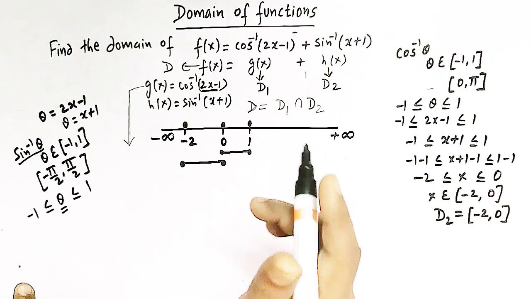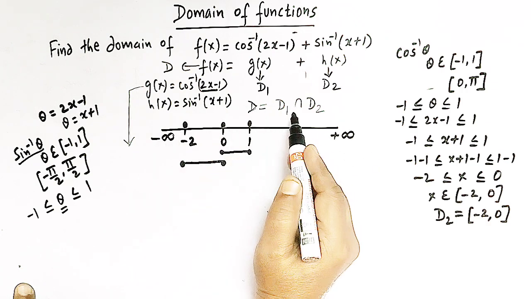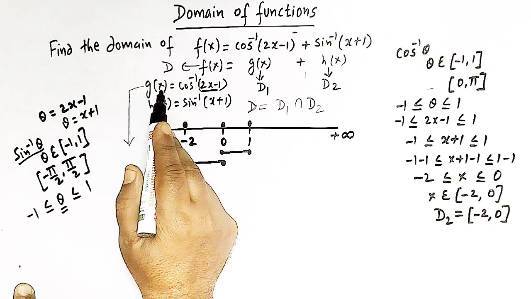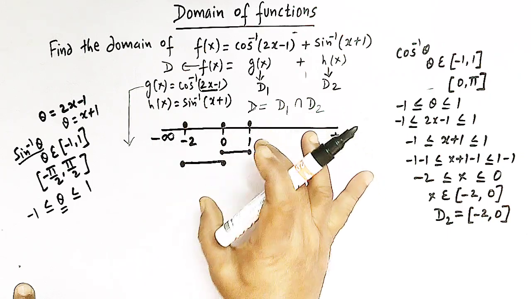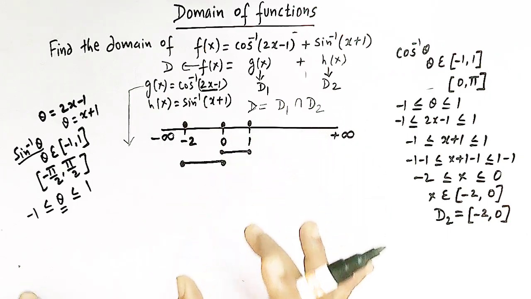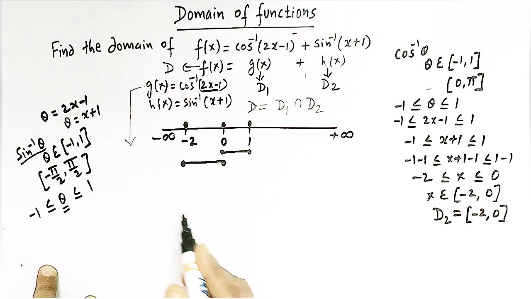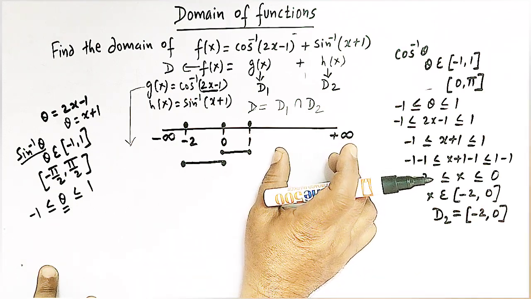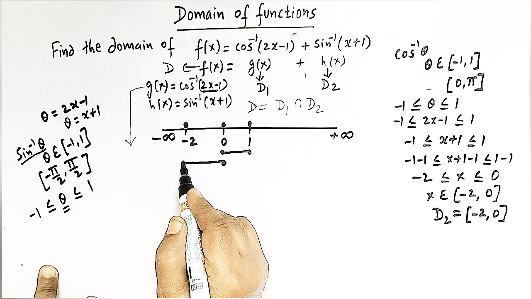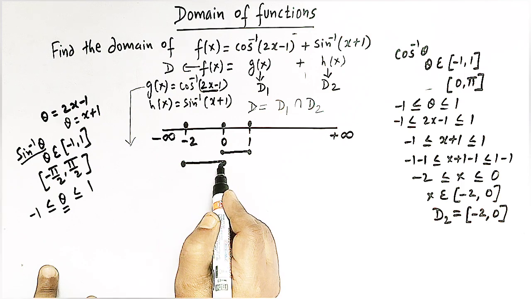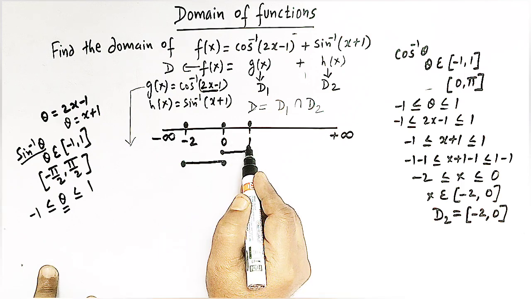So now we have the domains of the functions g of x and h of x, and now we have to search for the common region, right? If we look at this real number line, we can see that here we have minus 2 to 0, and here we have 0 to 1.